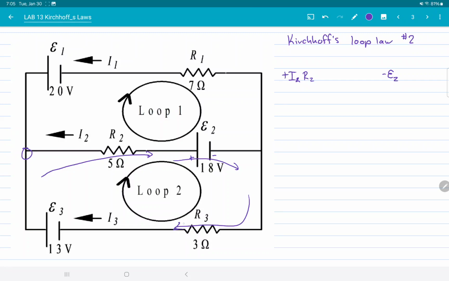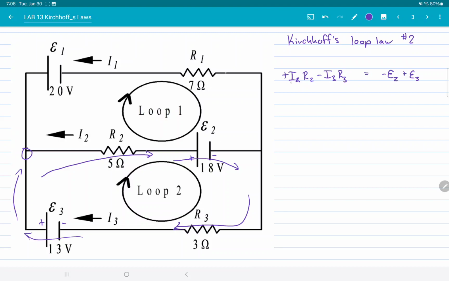We are going in the direction of I3, so minus I3 R3. We're going in the direction of that power source. So we have the positive, we have the negative. So plus epsilon 3, and then we're back up to our starting point.